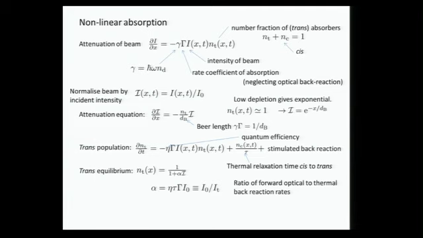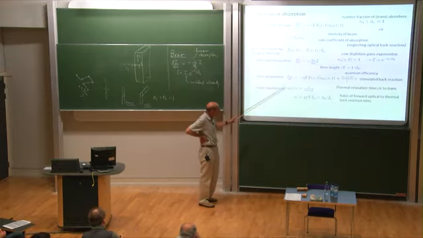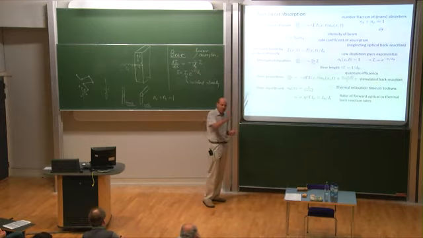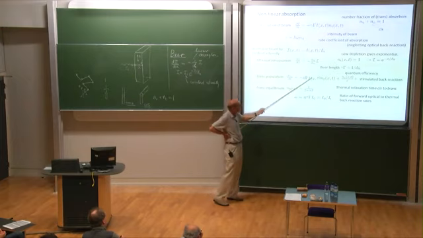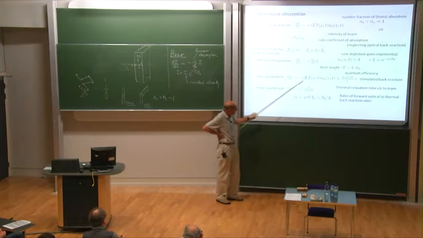So if I look at this equation, I see that nt is actually a function of x and t. So I can't actually just integrate this to give me a simple exponential. I must look at how the dye population is driven to the cis state by the absorption.